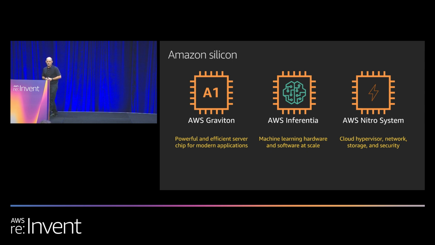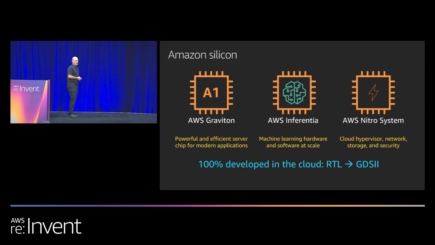We've completely offloaded onto a separate piece of hardware and given nearly 100% of the resources of the instance itself for customer applications. And all of these chips have been 100% developed on AWS, from RTL to GDSII.